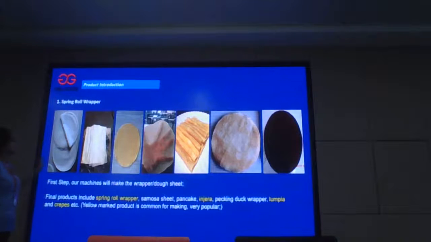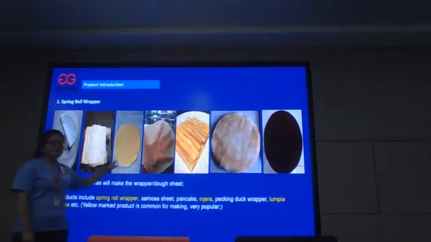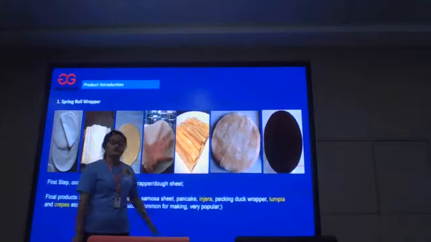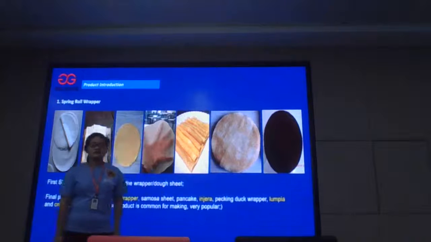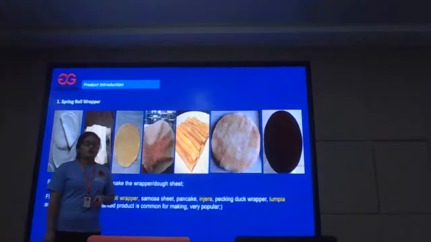And after making the spring roll wrapper, we can also use the fryer machine to fry it. Now let us show you some videos about the fryer machine so that you can know more about how our fryer machine works.